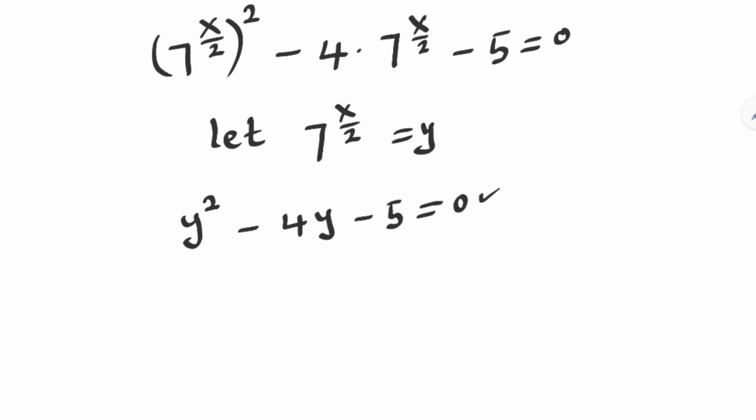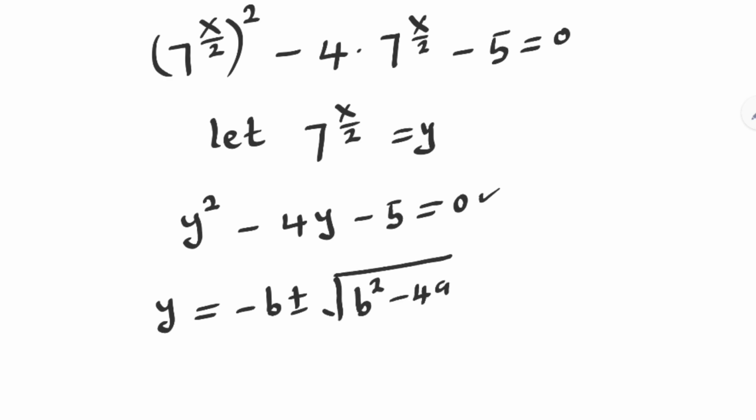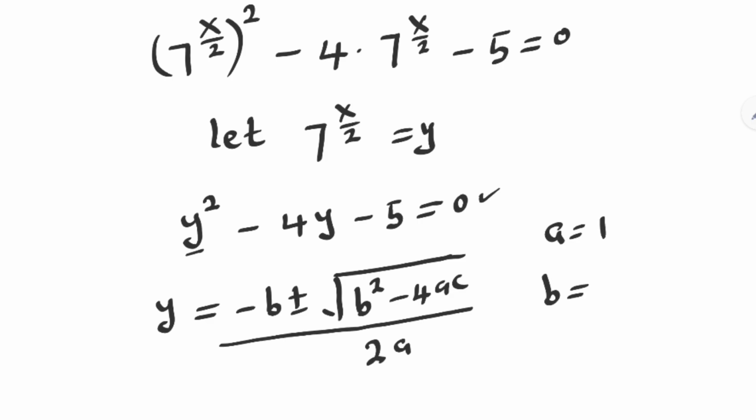Our quadratic general formula is given as y is equal to minus b plus or minus square root of b square minus 4ac over 2a. And from this equation, a is equal to 1, which is the coefficient of y square. b is equal to minus 4, which is the coefficient of y.